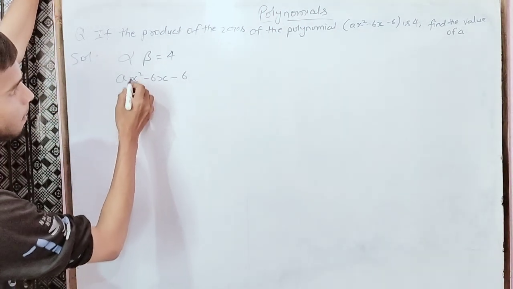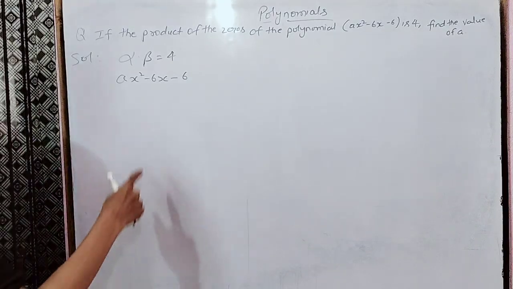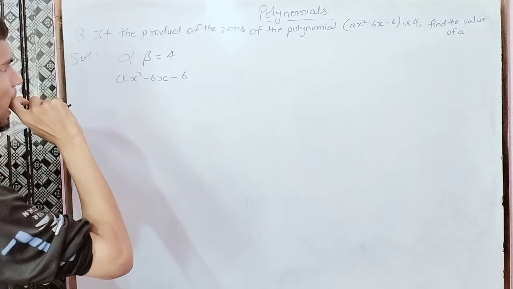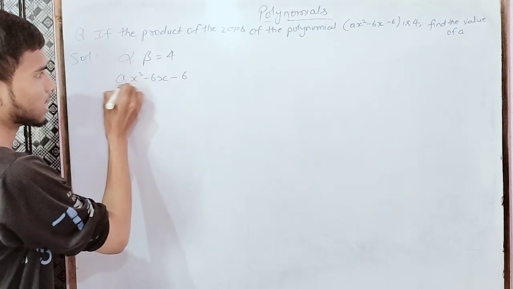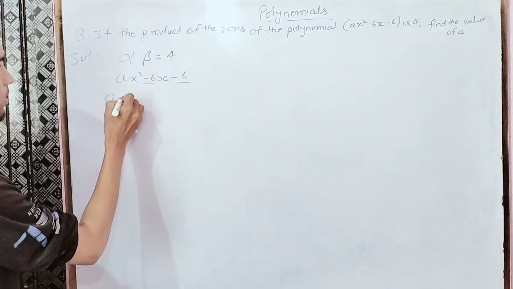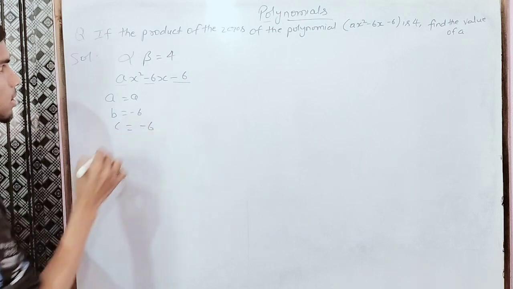So can we say, this is A, this is B, and this is C. A is A, B is minus 6, C is minus 6.